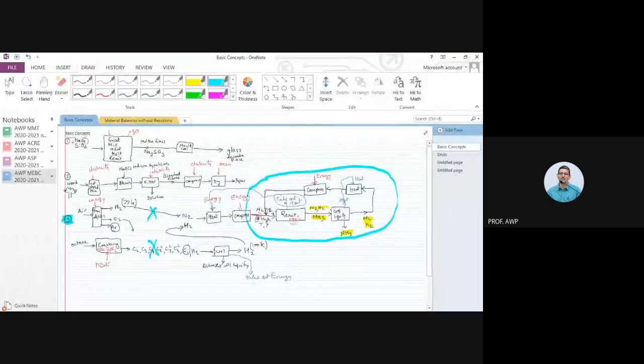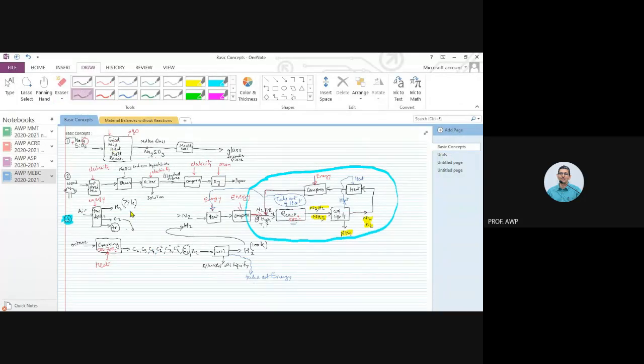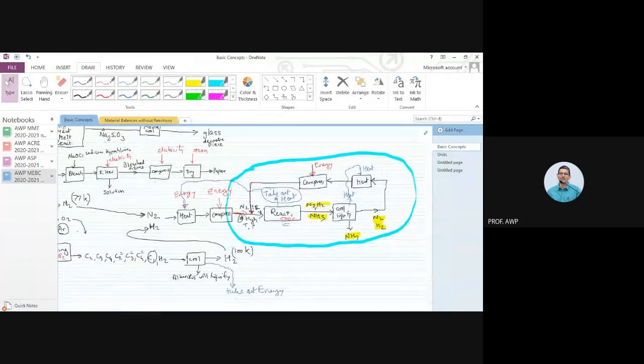We will see why it is not correct as we go along. Okay? So just bear in mind that we will talk about how ammonia is made a little later. But yeah, this is okay just now for the purpose of our discussion today. Now, look at all these three.